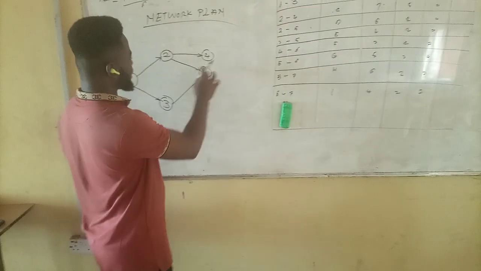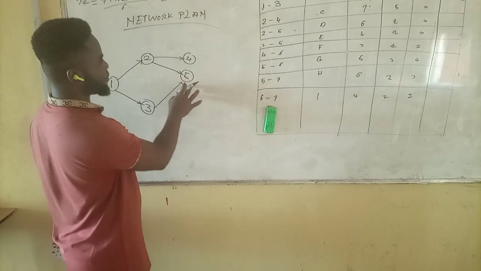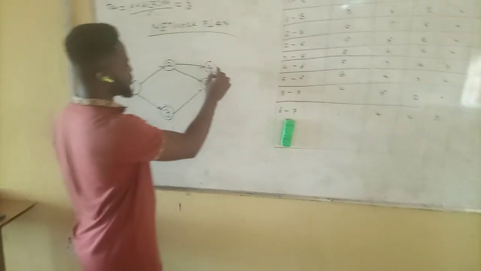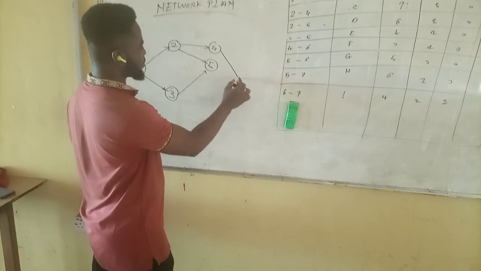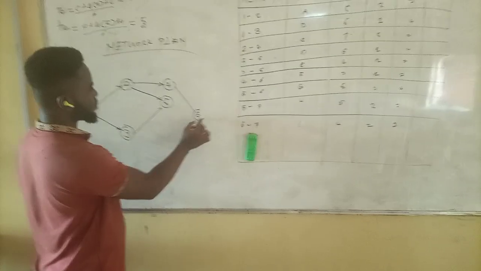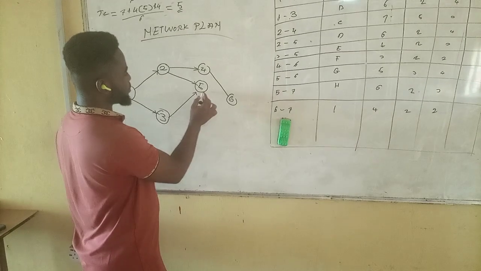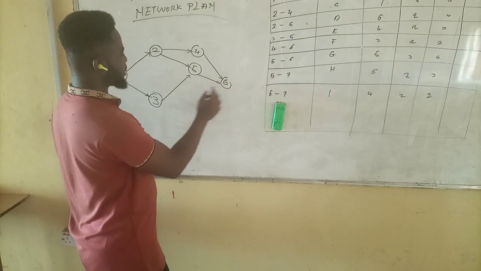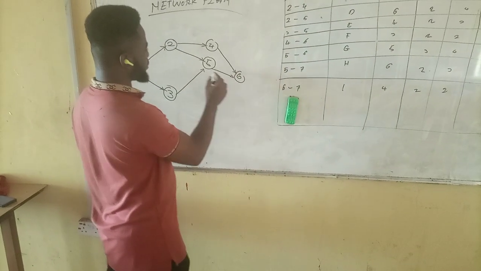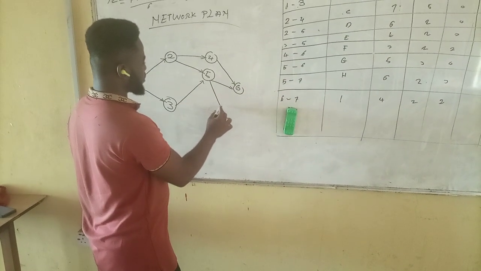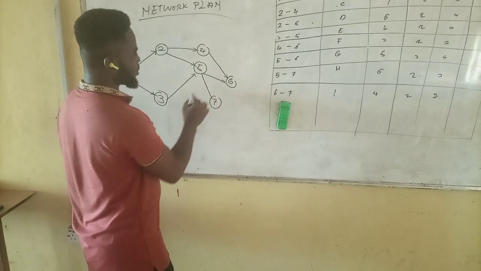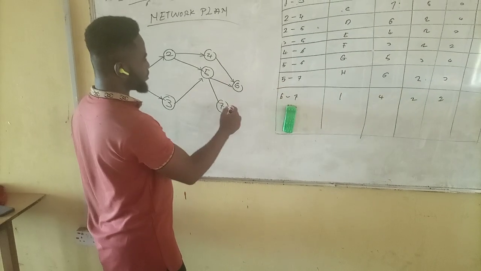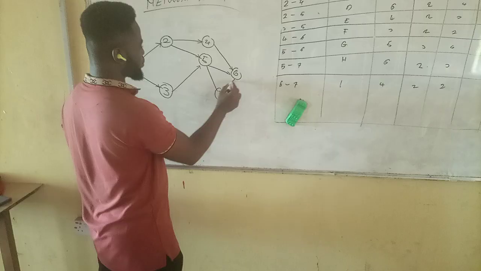Then from activity 3 to activity 5, then activity 4 to activity 6, activity 5 again to activity 6, 5 to 7, and we have 6 to 7.